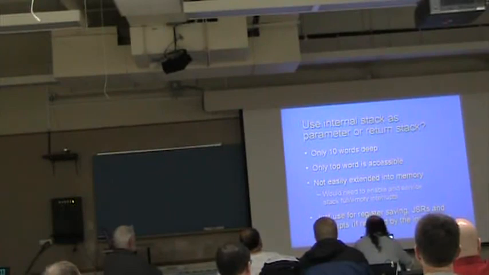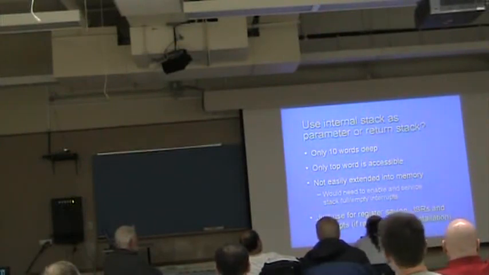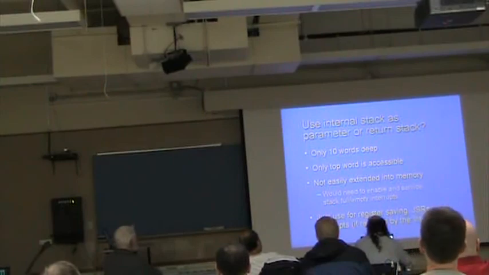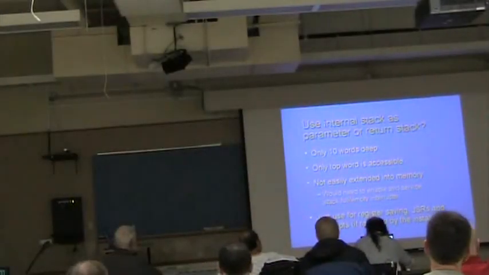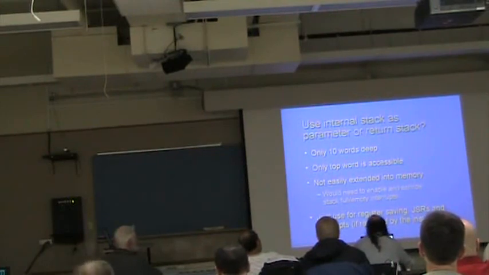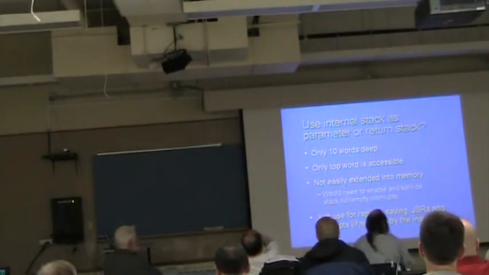And if you got a stack full interrupt, for example, you couldn't just push all the data out the bottom of the internal stack into memory. No, you have to float the words off the top one by one and store them in memory in the right order. So that was just too complicated. So I decided that the on-chip stack is going to be used for register saving, JSRs, and interrupts in case your installation requires it to run with interrupts enabled for I/O or whatever.